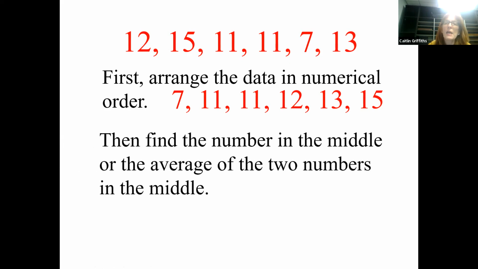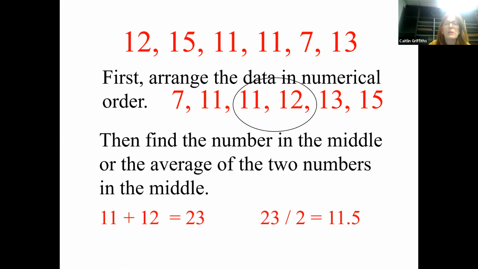So what you do then is you find the average of the middle 2 numbers. Even though you're looking for the median, because there isn't a true median in the middle, you're finding the mean of the middle 2 numbers, which are 11 and 12.